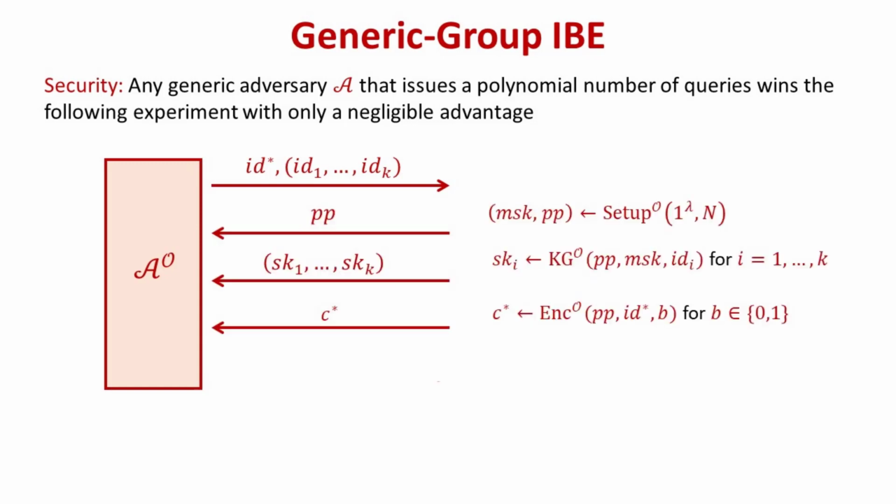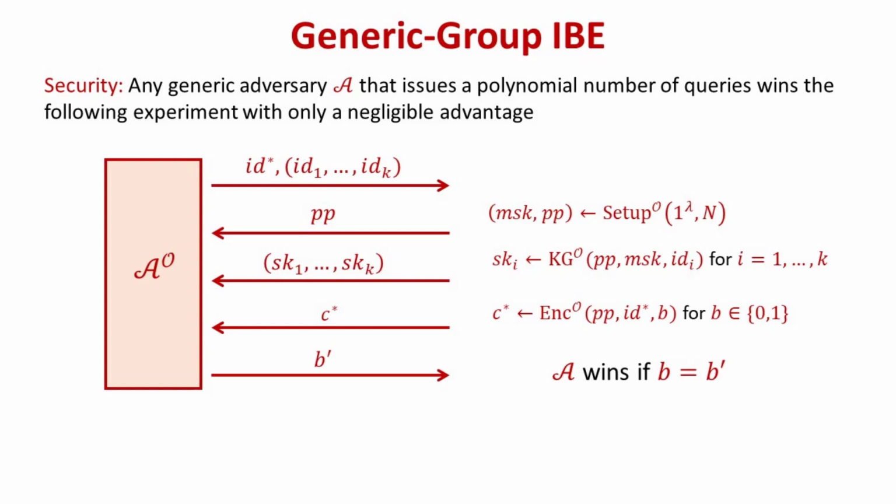Then, the setup algorithm generates a master secret key and public parameters, which are then used to generate identity secret keys for the K identities ID1 to IDK. The adversary receives the public parameters and the K identity secret keys together with an encryption of a randomly chosen bit B for the challenge identity.